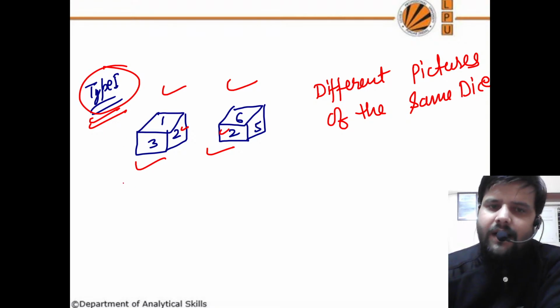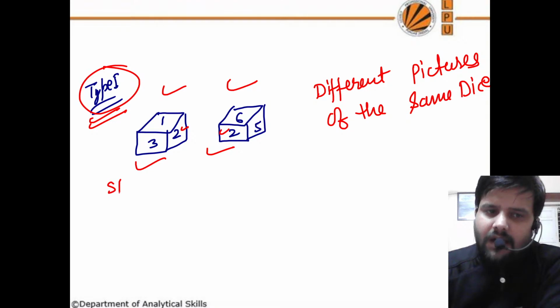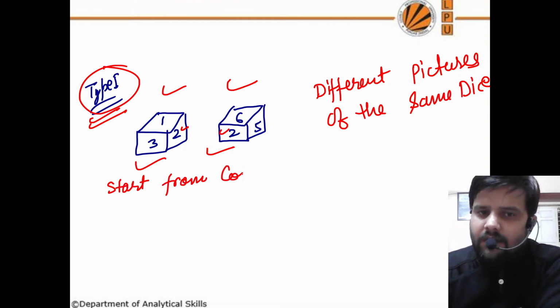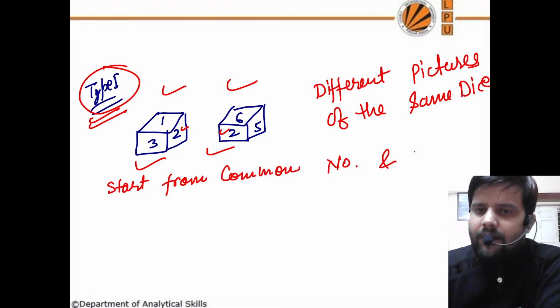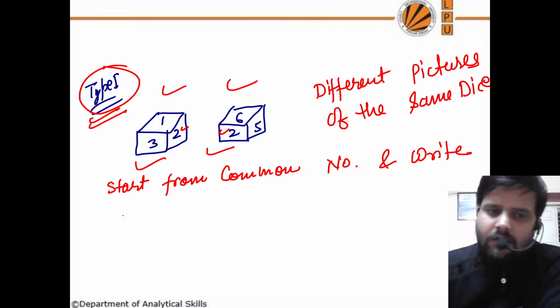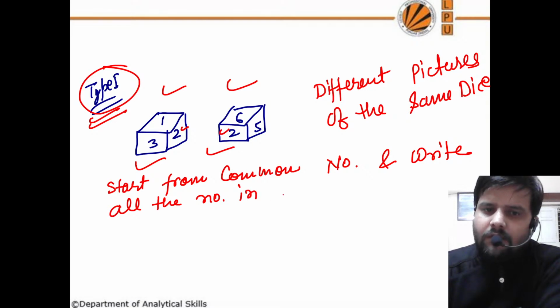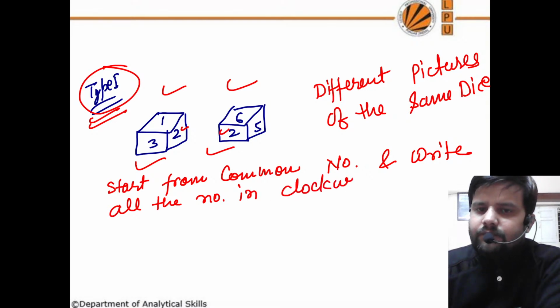So here, to write opposite pairs, start from the common number and write all the numbers in clockwise direction.